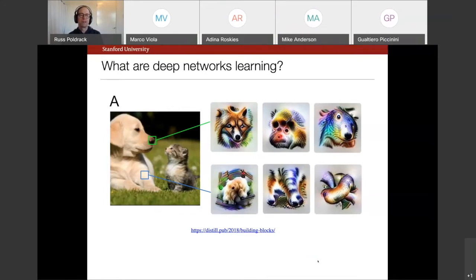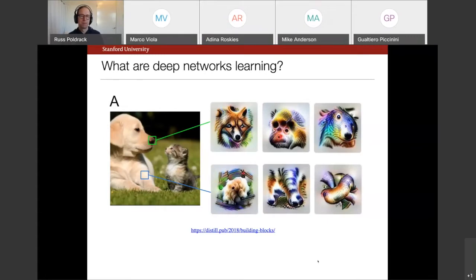You can basically say, for any particular patch in the image, let's find the units in the network at some particular level that are most strongly engaged by this part of the image. And then, using some tricks, we can ask: find the image that would most strongly activate this particular unit, right?